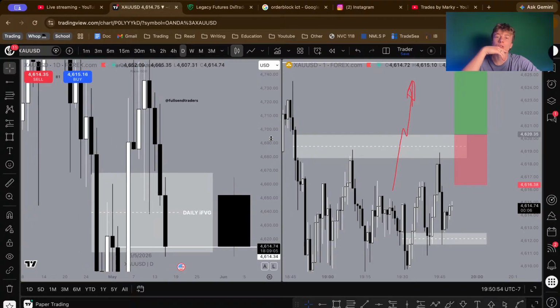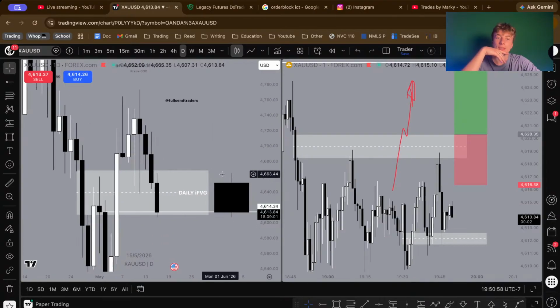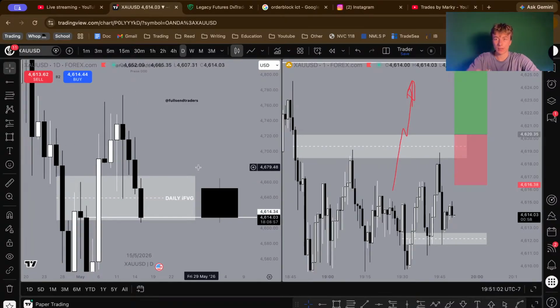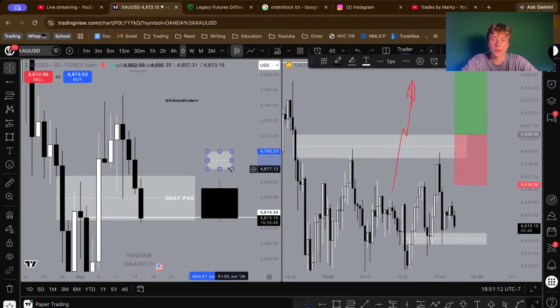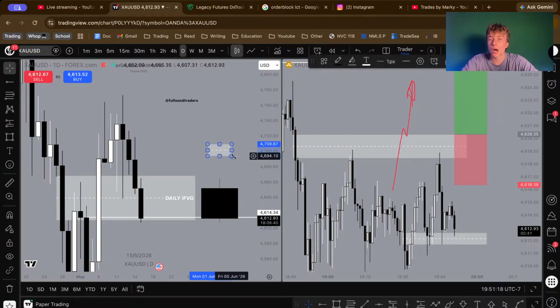Look, if you can determine the direction of where the weekly range is going or the monthly range, and then you go in on the lower time frame, here's a very simple way to trade. Every candle has a wick, right? If you think that the daily candle is going to be bearish, you think it's going to expand down, then when it goes up and creates a wick, this is when you're entering above the open.